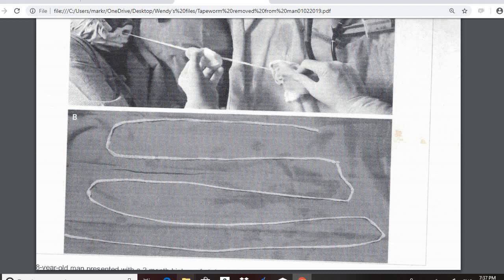Often what they will do is if a person contracts tapeworm, they will give you a medicine that will kill it, and it'll break up into pieces, and then it just gets eliminated from the body. But in this case, it was still intact, and they pulled the whole thing out in one piece.